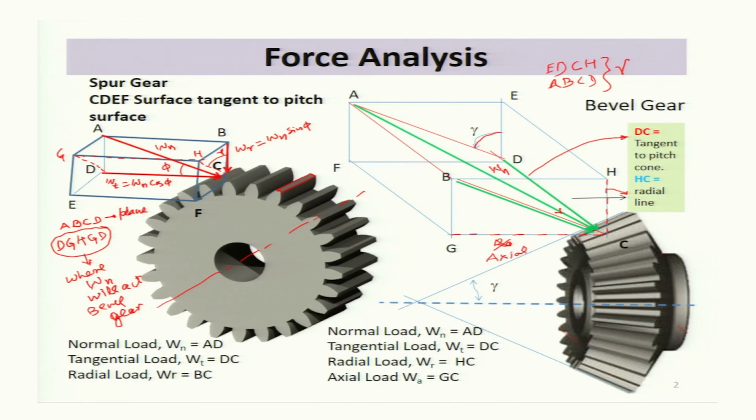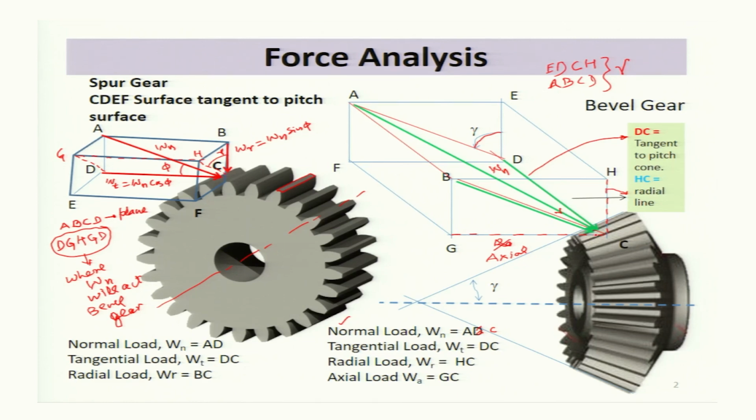Well, so normal load Wn will act from A to C, tangential load Wt from D to C, radial load Wr along HC, and axial load Wa along GC.